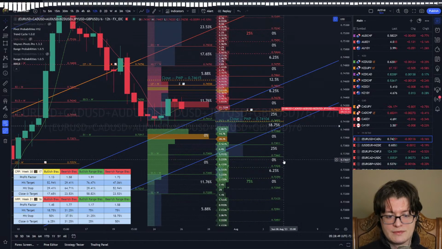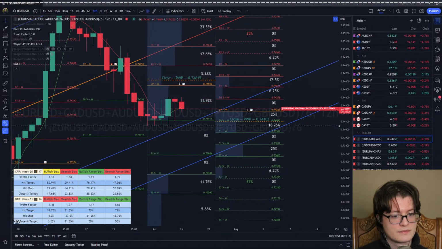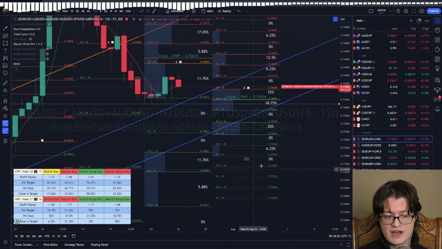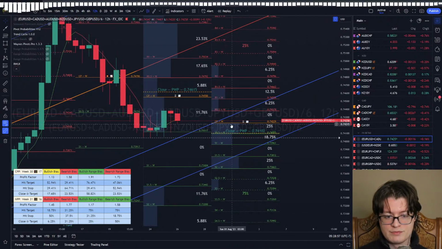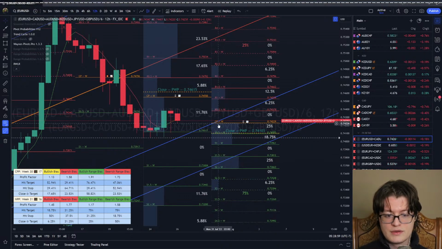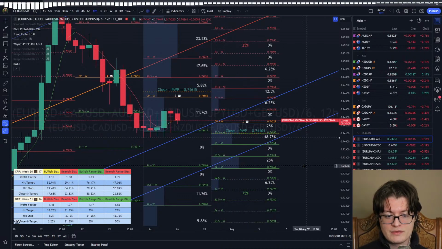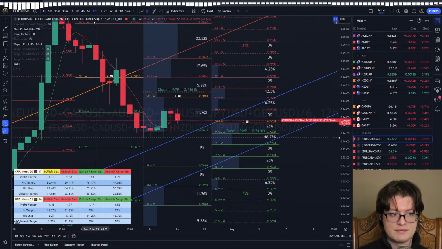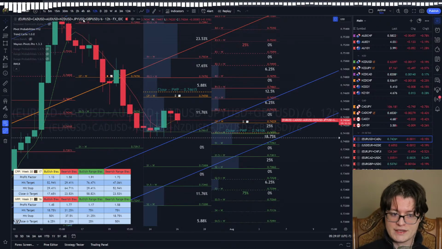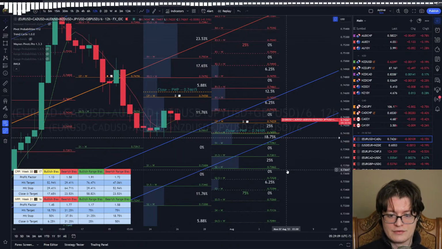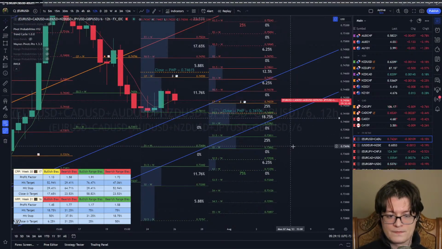Until, see, next week. 75% of the time, dollar closes below this central weekly pivot, which means on this custom index that I've made, where US dollar is on the right-hand side, when this chart goes down, dollar gets stronger.